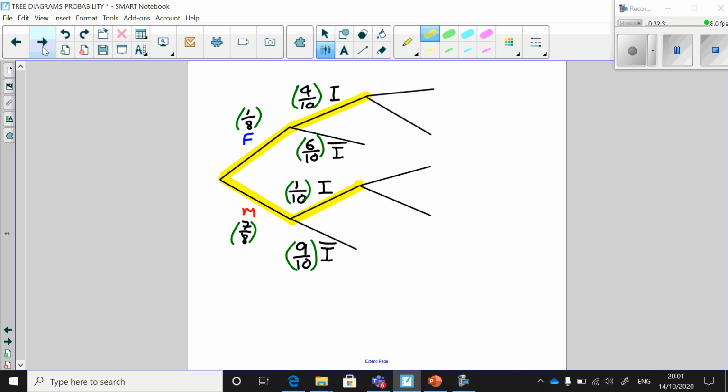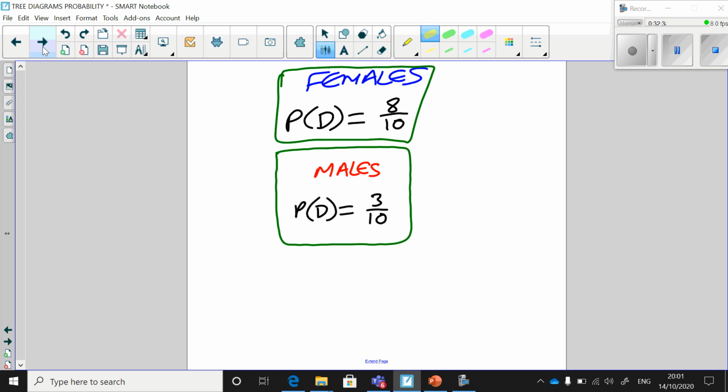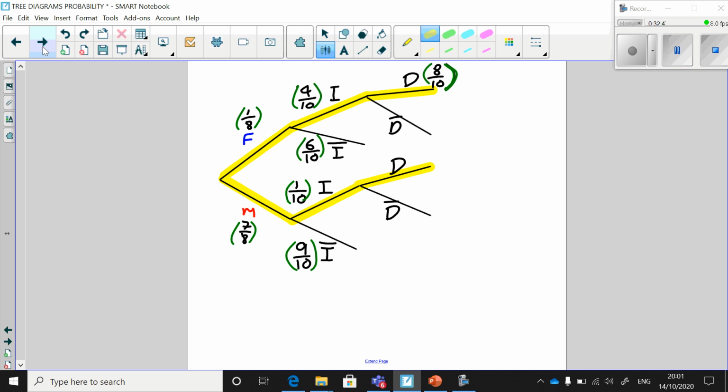Destroyed and not destroyed. So for the females to be destroyed, it was 80%. For the males, it was 30%. So I've just expressed them as fractions there, 8 over 10 and 3 over 10. Put them on the diagram there, but I'm only interested in ones that have been destroyed here. So I just need to put that down, and go down to the males, 30%, 3 over 10. That's all I need here. So the highlighted yellow here is the 2 pathways I'm going down.